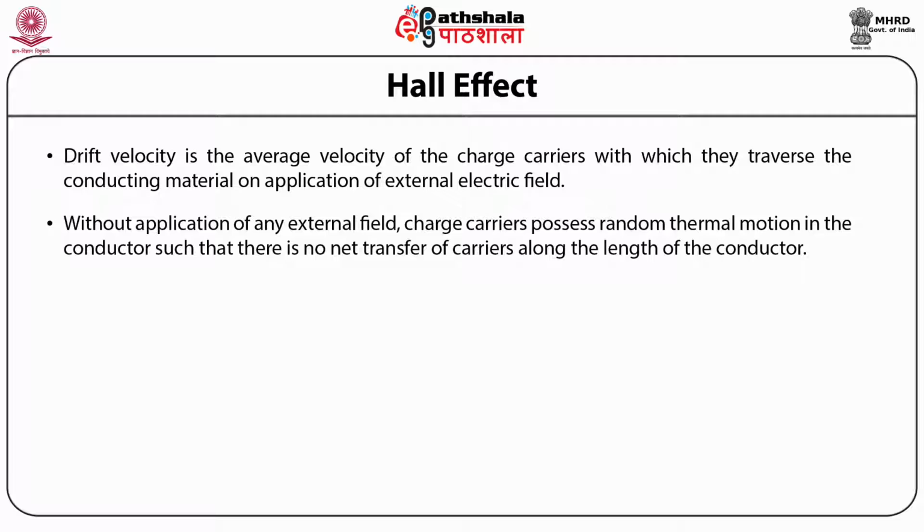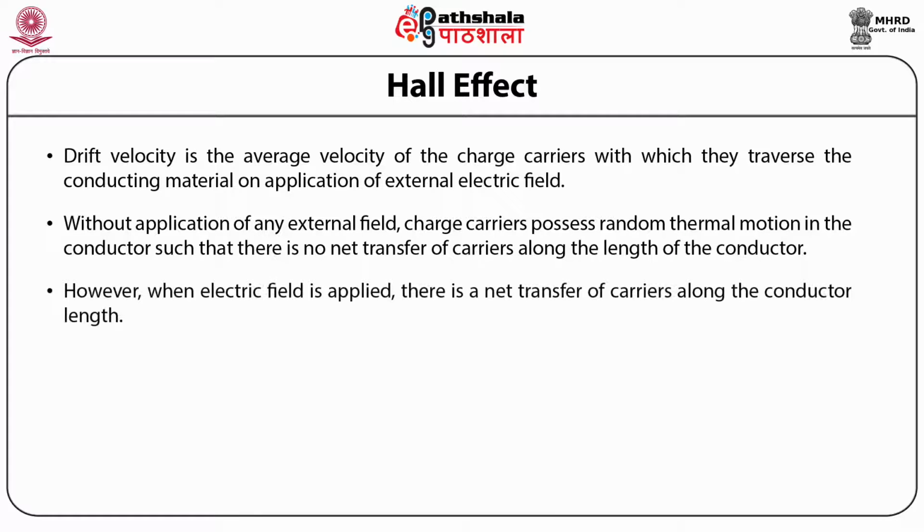Without application of any external field, charge carriers possess random thermal motion in the conductor, such that there is no net transfer of carriers along the length of the conductor. However, when an electric field is applied, there is a net transfer of carriers along the conductor's length.